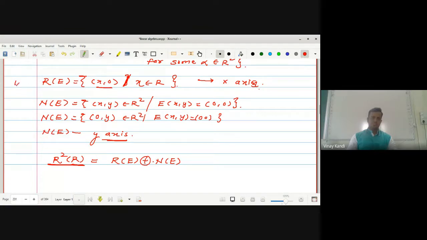Okay, suppose this is W1, this is W2. So any vector from R2 over R we can write in the form of W1 plus W2. Is it correct? Yes, sir. हा माझा y axis, हा माझा x axis. Sorry, हा x axis, हा y axis.